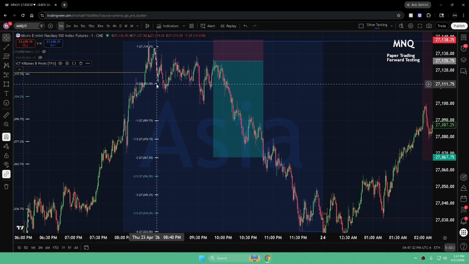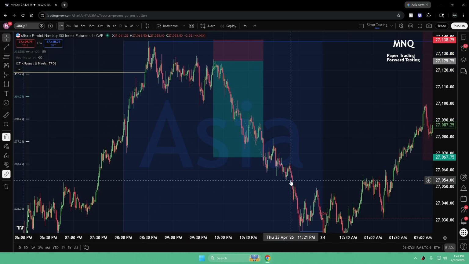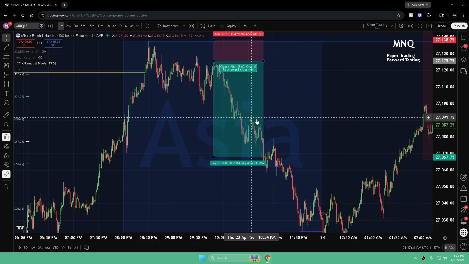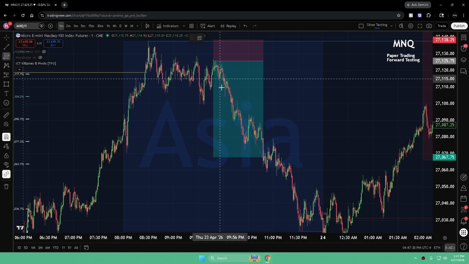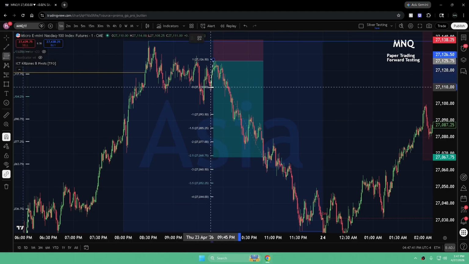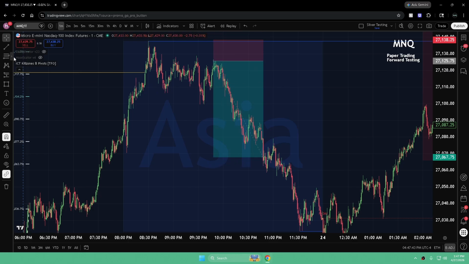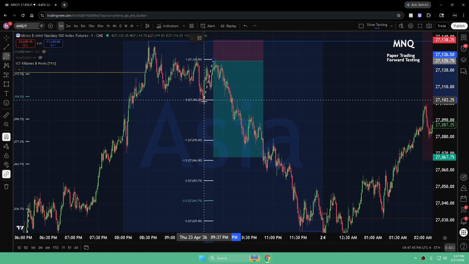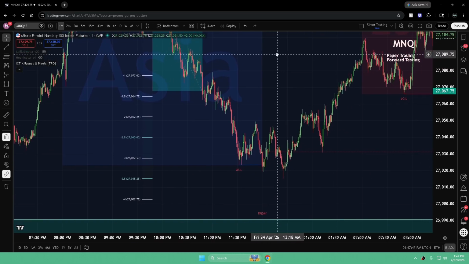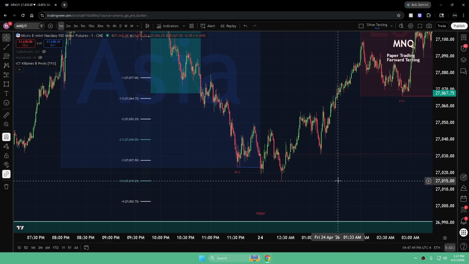If you take the last manipulation leg before this distribution, we have this high to this low. But if you take it on the higher time frame, it will be this high to this low. Boom. And you can see that it taps our -3.5, or almost taps our -3.5 right here, right?